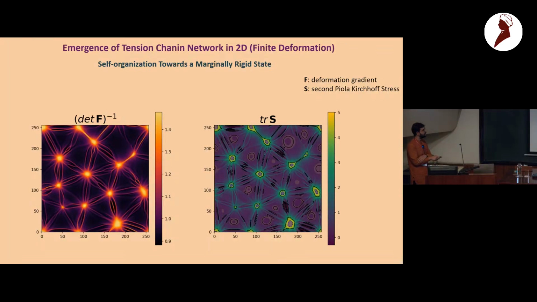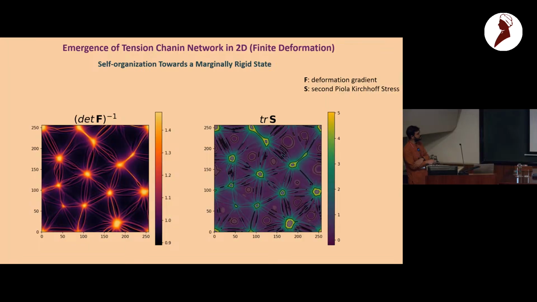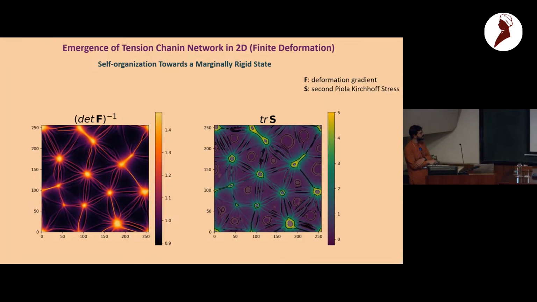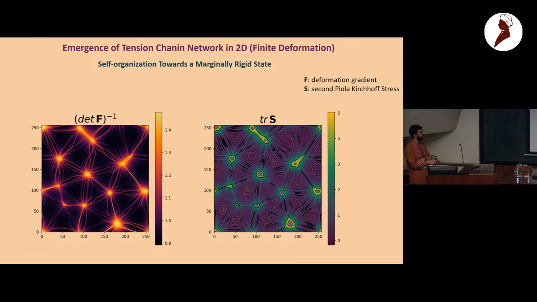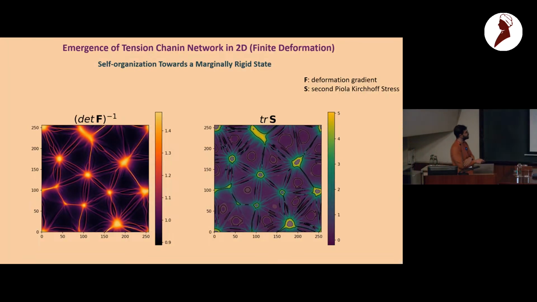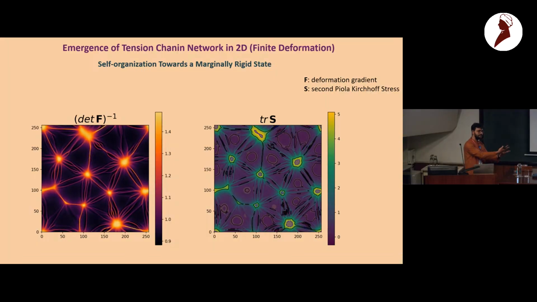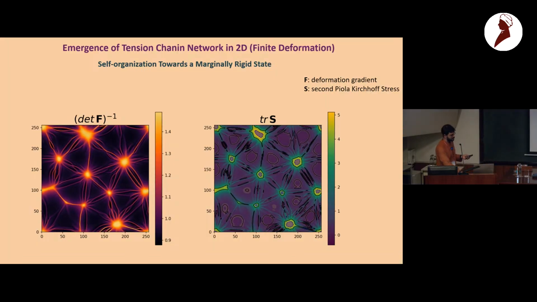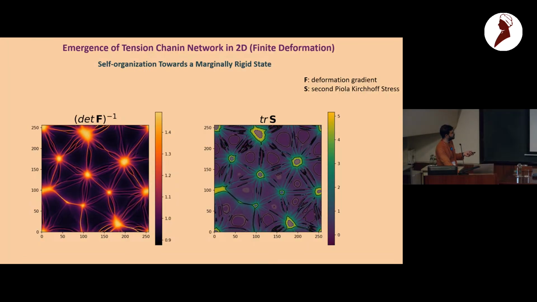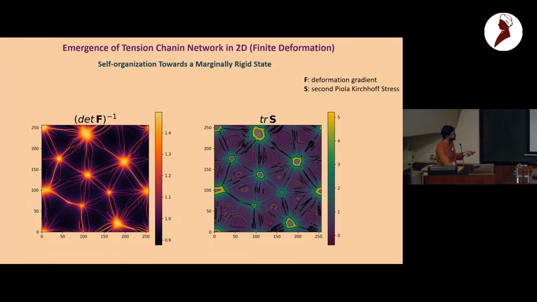It coarsens very slowly, and if you wait long enough, you will see that the whole system will be filled up with these marginal lines. And of course there are certain regularizers for which it will stop somewhere, or the rate is very slow.